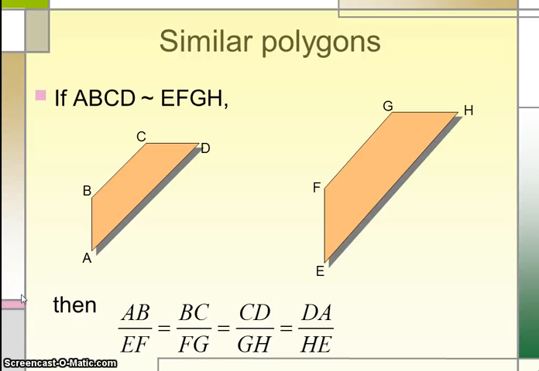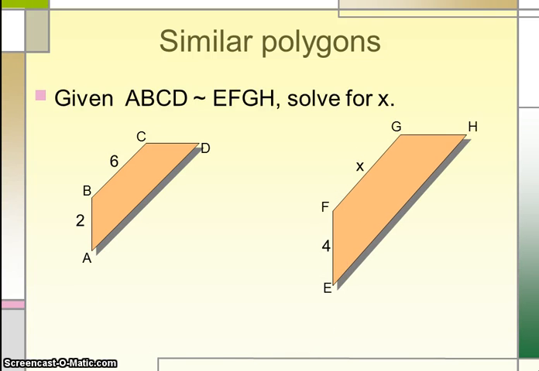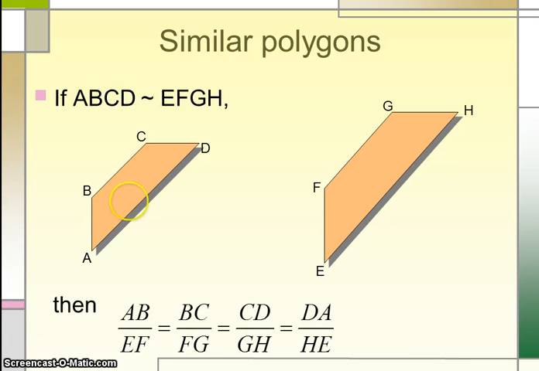So, a similar polygon. What we're looking at here is polygon ABCD, and is it similar to EFGH? How we express this is, it's almost like if we took the smaller one and laid it over the top here. How would these sides match up?